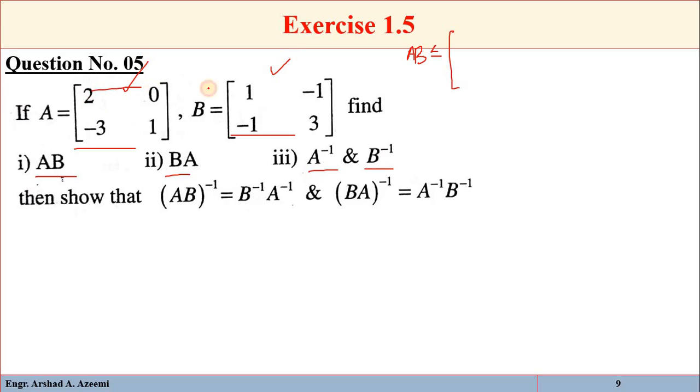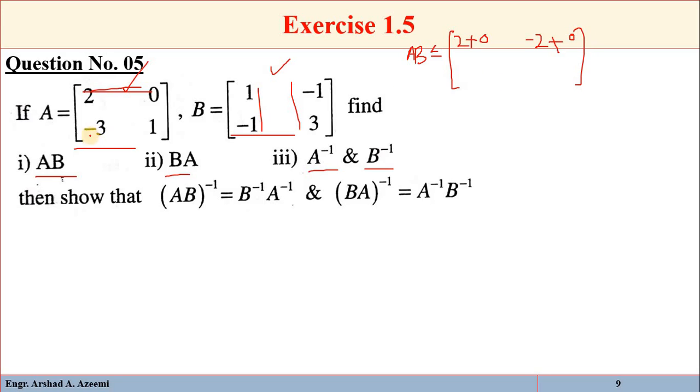Now first row with first column, so 2 multiplied by 1, it will become 2, plus 0 multiplied by -1, it will be 0. Now first row with second column, so 2 multiplied by -1, so it will become -2, 0 multiplied by 3, so plus 0.